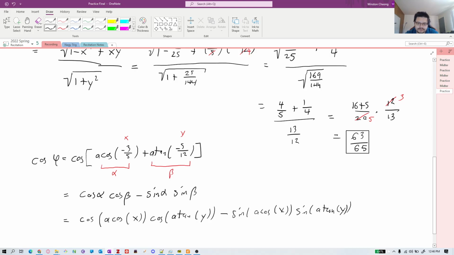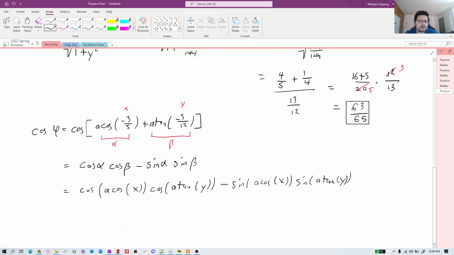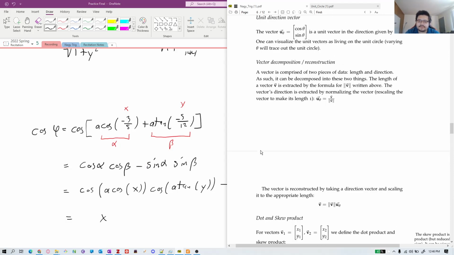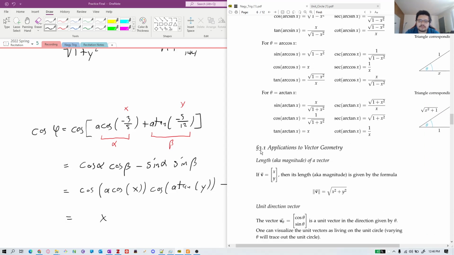Do I want to put extra parentheses? That's fine. Okay. Right, so cosine of arc cosine, that just simplifies and gives you x. Cosine of arctangent, I have to check the formulas for. Let's see if I can jump to it. No, I can't. Cosine of arctangent is there.